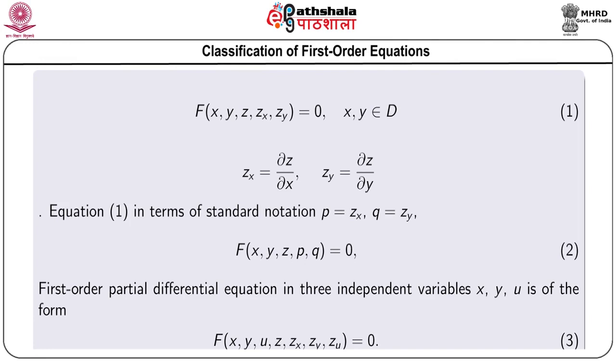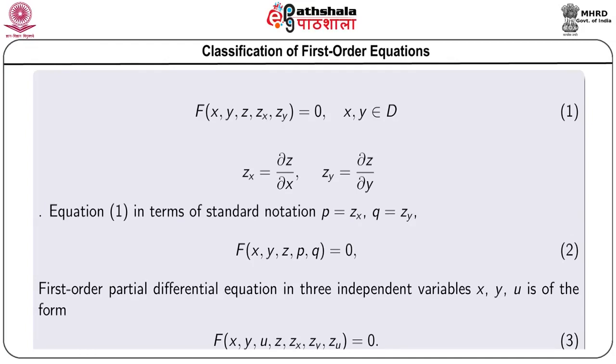The general form of a first order differential equation in two variables can be written in this form: F(x, y, z, zx, zy) equals 0, where zx is del z by del x and zy is del z by del y. In standard notation, zx is denoted by small p and zy is denoted by small q. So, equation 1 is written as F(x, y, z, p, q) equals 0.